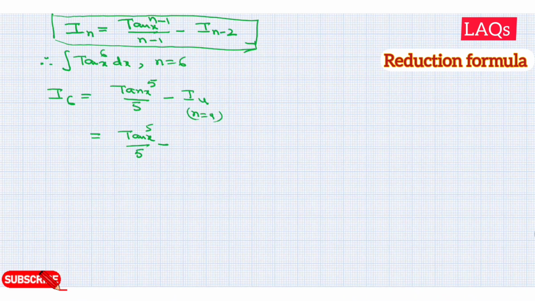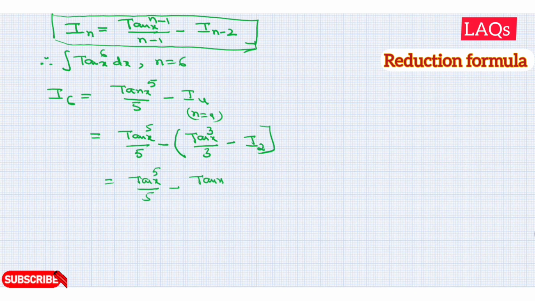Now again substitute n equal to 4 in the above formula. Then we get tan x power 4 minus 1, which is 3, by 3, minus I(4 minus 2), which is I2. So it equals tan x power 5 by 5 minus tan cube x by 3 plus I2. Here n equals 2. Now again substitute n equal to 2 in the above formula.